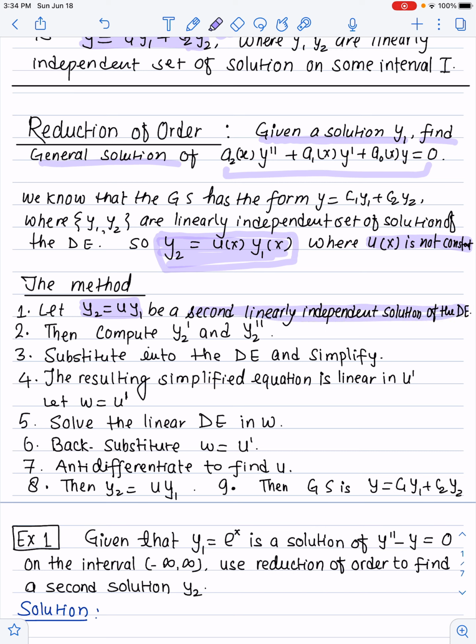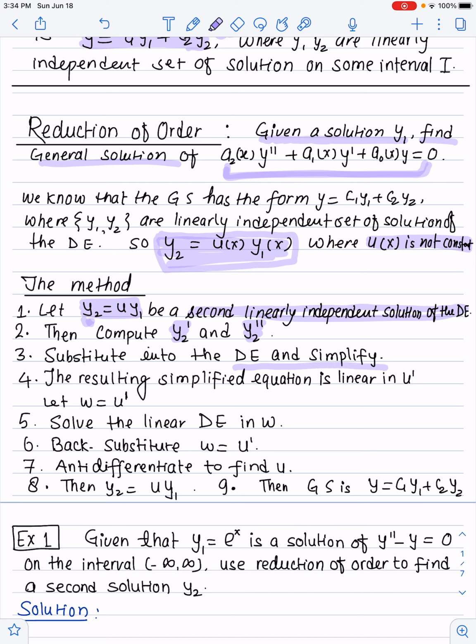The second step is we compute y2 prime and y2 double prime. Since we said that this y2 is also a solution, it should satisfy this differential equation. So we will substitute y2 prime, y2 and y2 double prime into the differential equation and simplify.